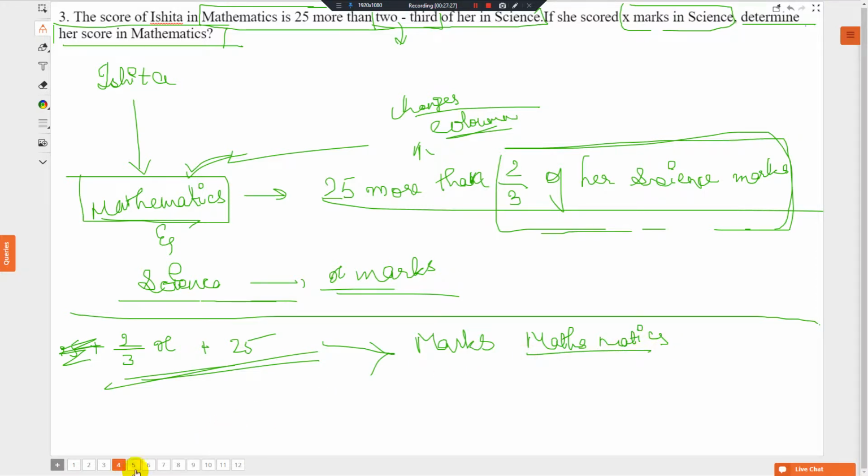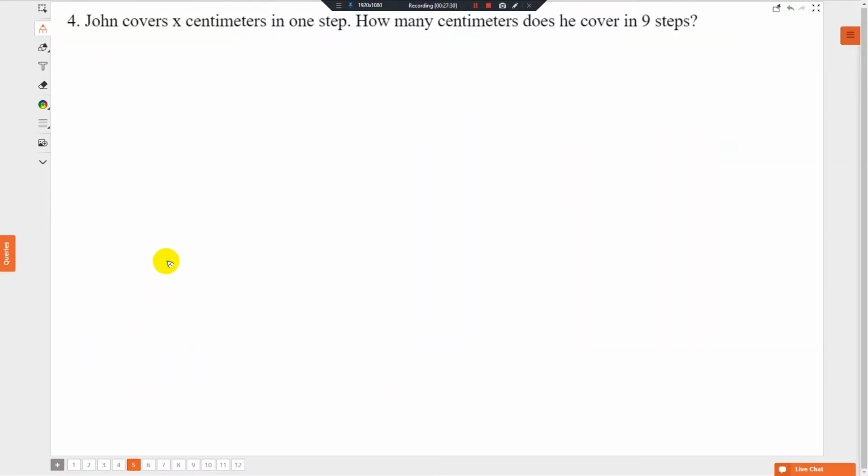Now here we need some more fun, right? In our day-to-day life we find how much distance we covered in a day, in kilometers, and what is the length of a foot. We are curious to find all that in day-to-day life.